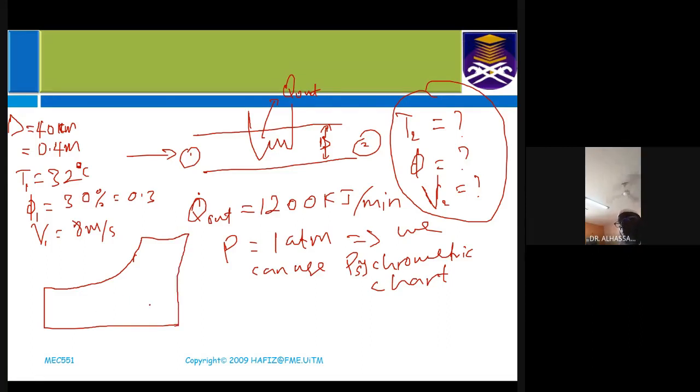Okay, so remember, this is a cooling section. So it means temperature is reducing, like this, from state 1 up to state 2. You understand me? So temperature is going down.